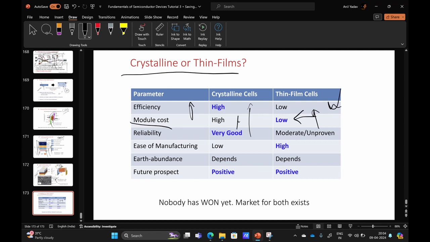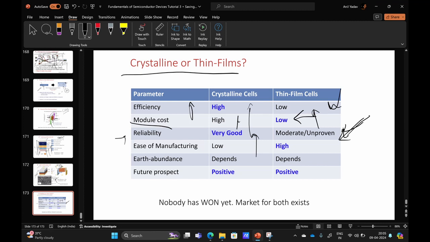There is very little cost to make a thin film solar cell. Reliability is very good for crystalline, while thin films are not that reliable because they are not that stable in the outer environment, but research is going on and we will definitely achieve that aim.